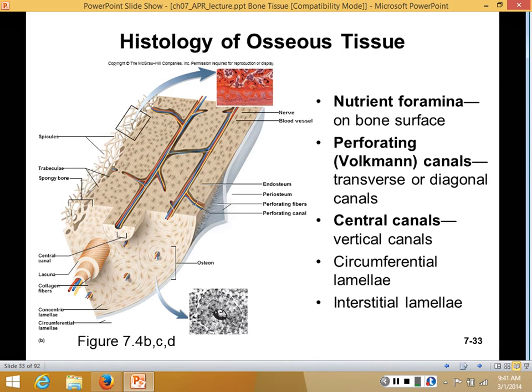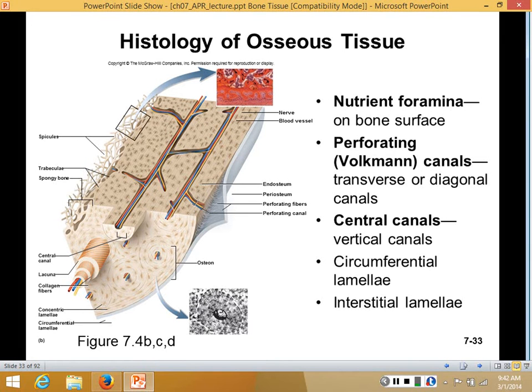Any type of nutrients, oxygen, things of that sort, have to travel by way of the perforating canal to the central canal in order to nourish the osteocytes inside the lacunae, which are these little dark spots here. Any type of waste that's removed is going to travel through the same route.